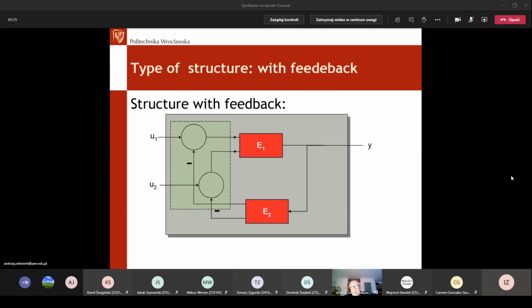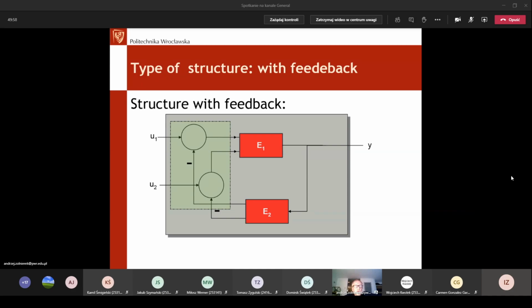Every control system works in a similar way, not exactly the same, but similar.